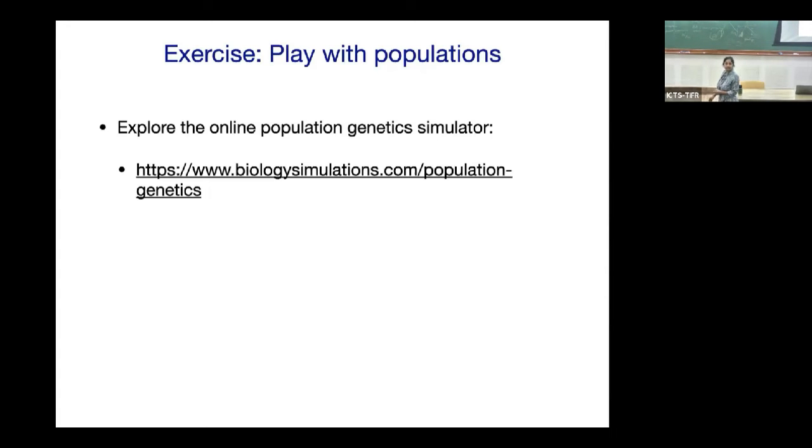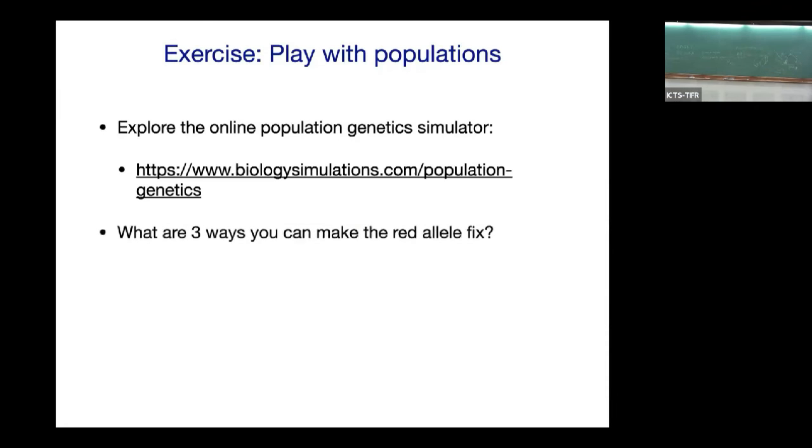Everybody found it? Yeah? Got the basics? Okay, so then I'd like you to think about what are three ways you can make the red allele fix. Okay, try.